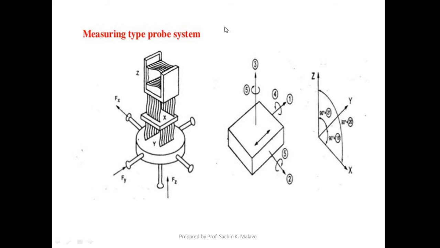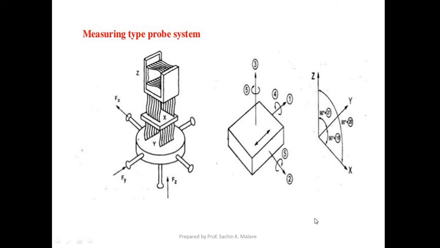You can see this is the measuring type probe system. As you can see, this is x direction, then y direction, and z direction is vertical, in this direction. It is shown here also and here also: x direction, y direction, z direction.